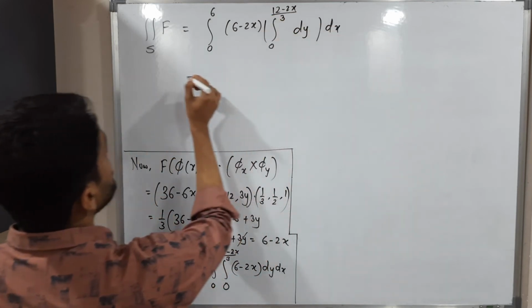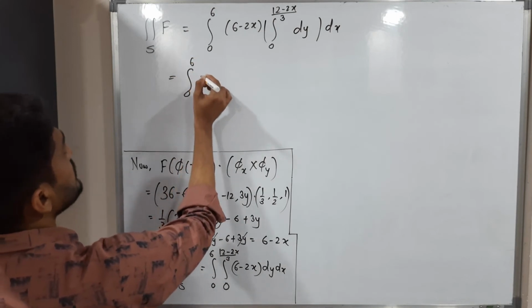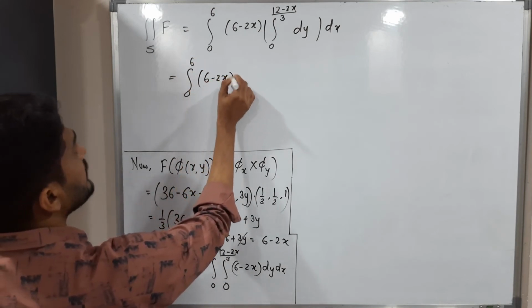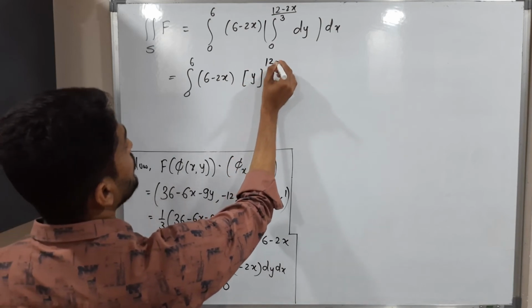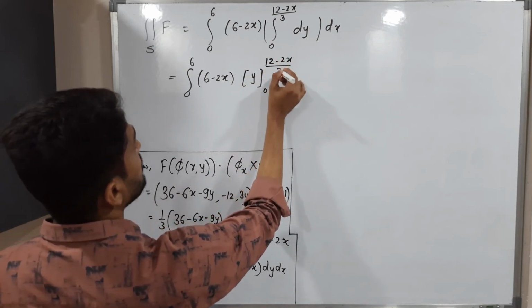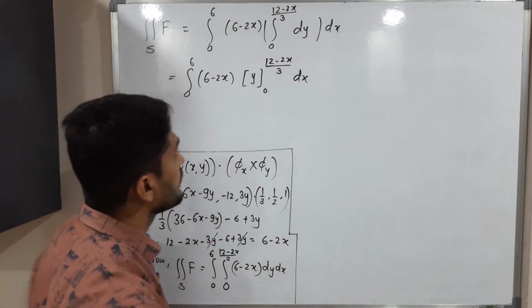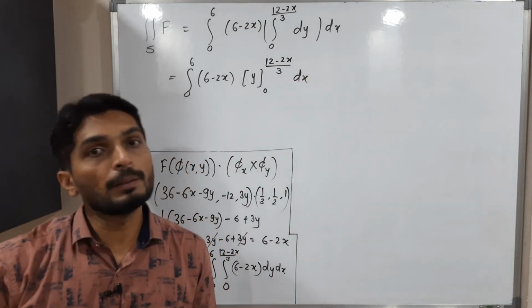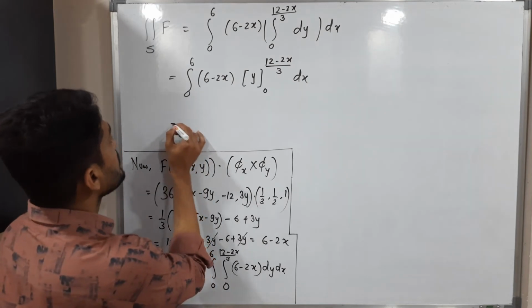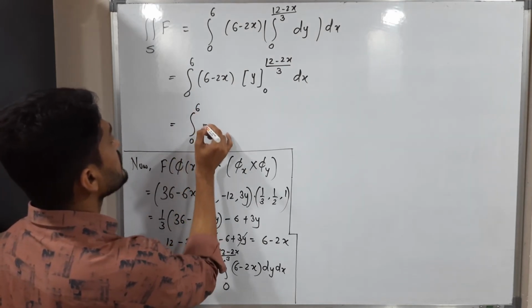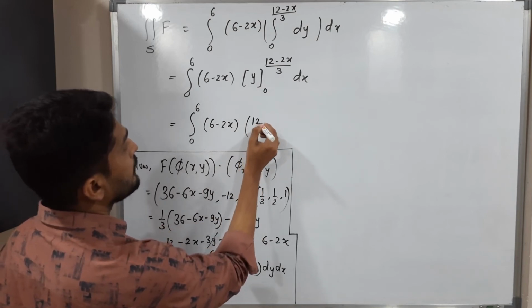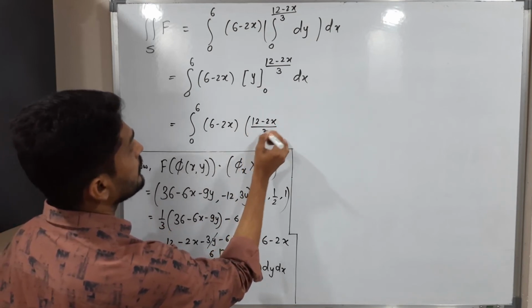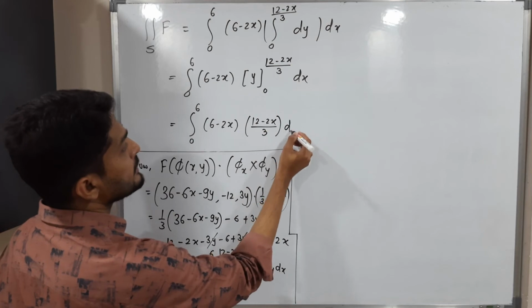Okay. So this is equal to integration 0 to 6 minus 2x. Integration of dy is y 0 to 12 minus 2x by 3 dx. After that, what will we do? We will put upper limit, lower limit. So this is equal to integration 0 to 6 minus 2x. I am putting upper limit. So 12 minus 2x by 3. And if you put lower limit 0, we will have 0.